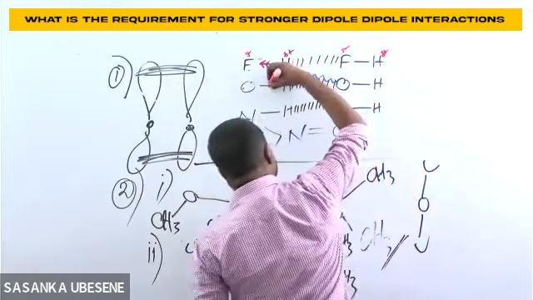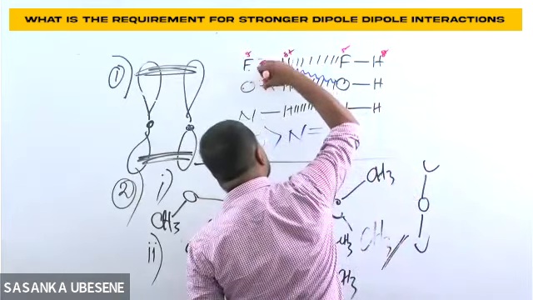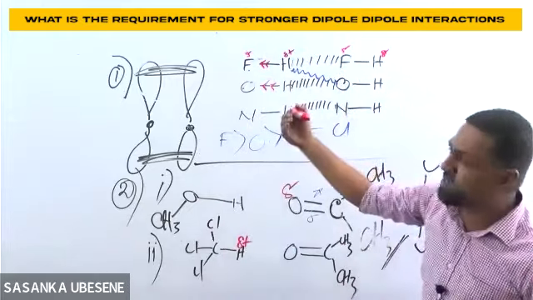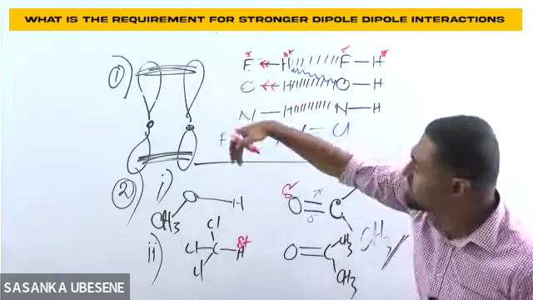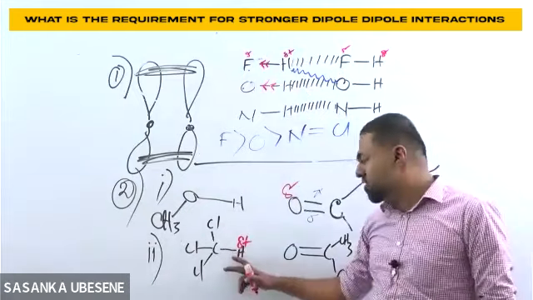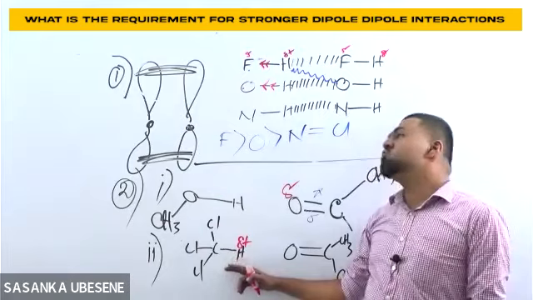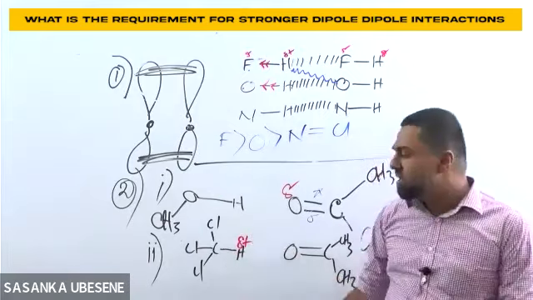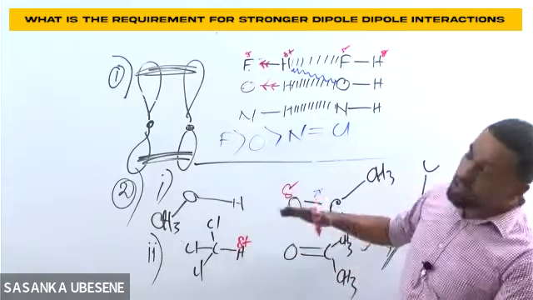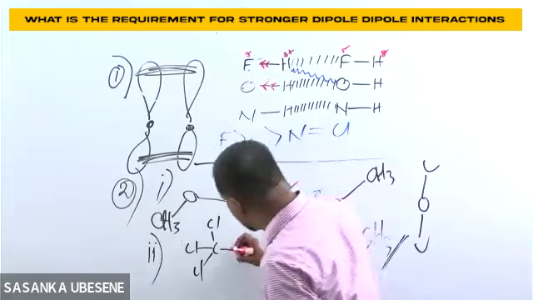And here also you have a greater fractional positive charge because oxygen is more electronegative and withdraws electrons through the hydrogen-oxygen bond. So here also you have hydrogen bonding. Why? Because you have a greater fractional positive charge.